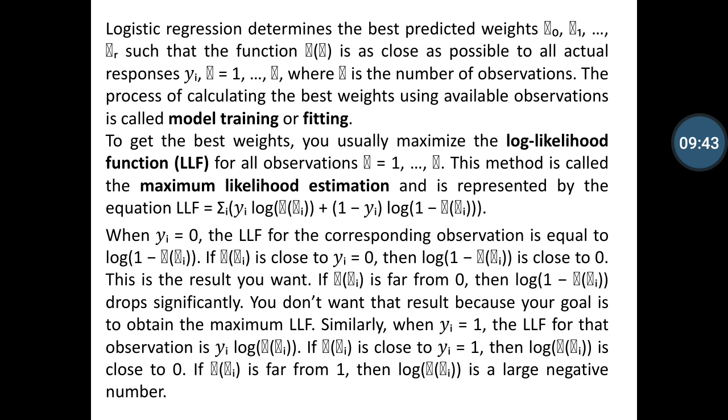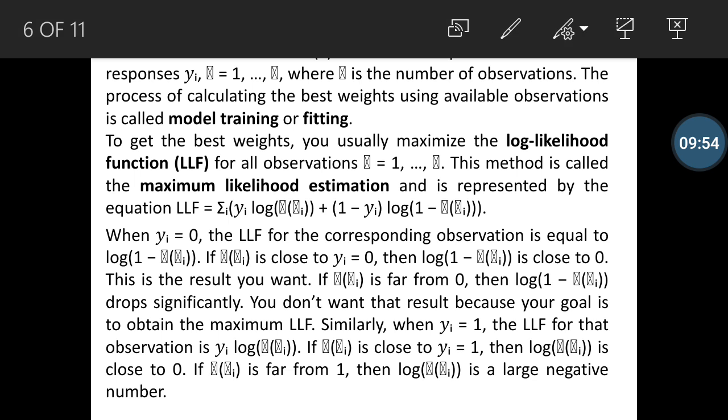You can see that when y_i is equal to 0, the LLF, the log-likelihood function for the corresponding observation, is equal to log(1 minus p(x_i)). If p(x_i) is close to y_i equal to 0, then log(1 minus p(x_i)) is close to 0. This is the result you want.